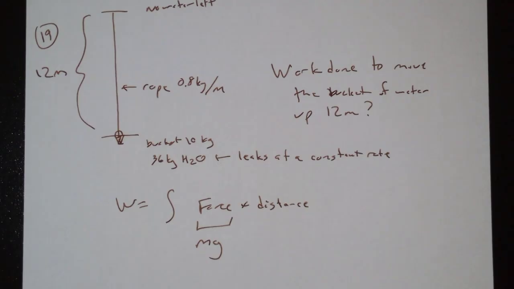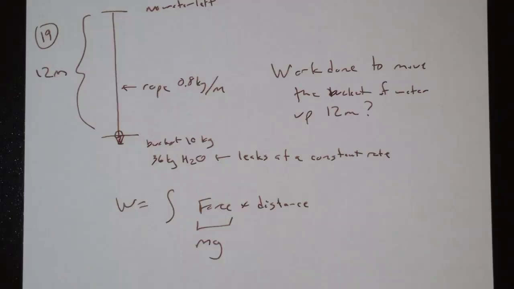So I'm going to put this together in 3 separate pieces. Let's deal with the bucket. Bucket goes 12 meters. Doesn't change the entire thing, right? Just the bucket itself. It's going to go the whole 12 meters.